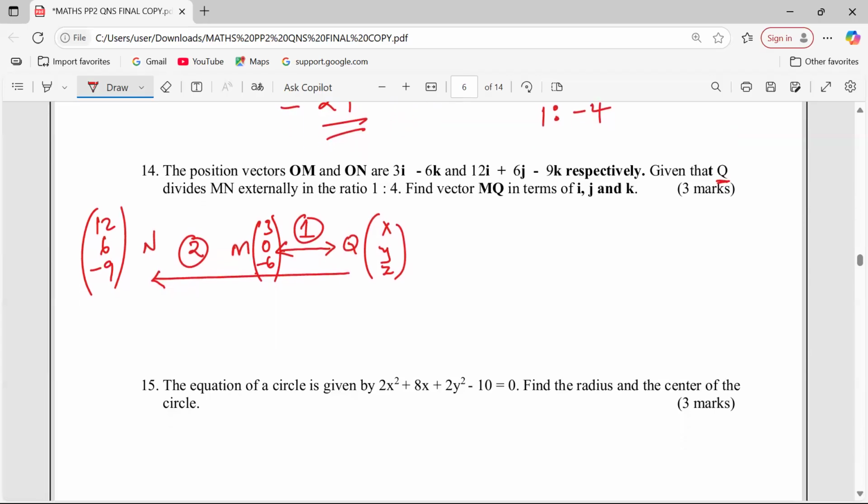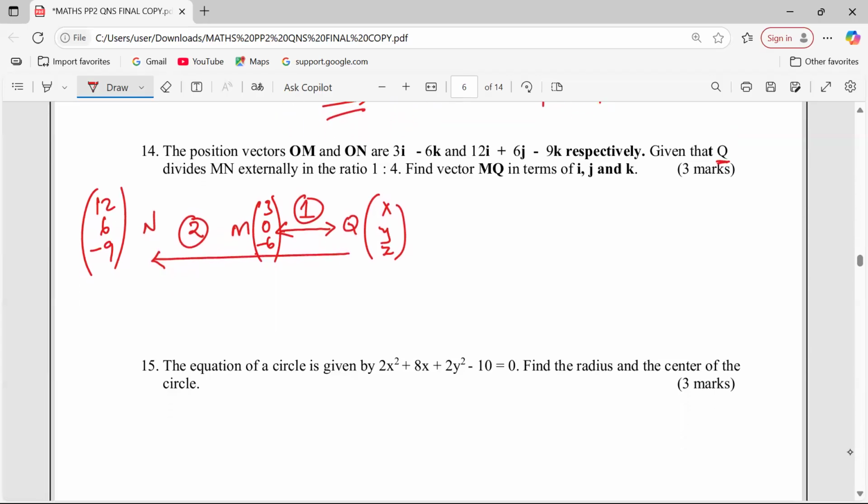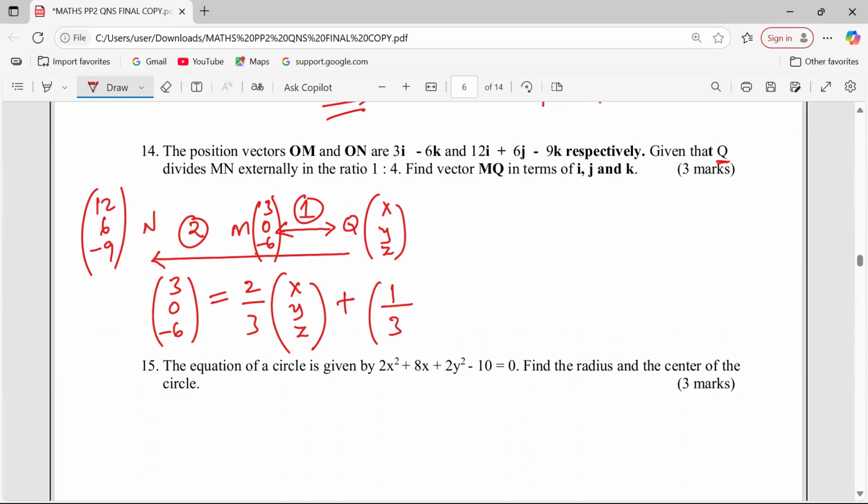So we usually say the coordinate of M, 3, 0, -6, is equal to the first ratio of 2 out of all the proportions 3, times x, y, z, plus 1 out of the total proportion, that's a third, times the opposite vector to that.